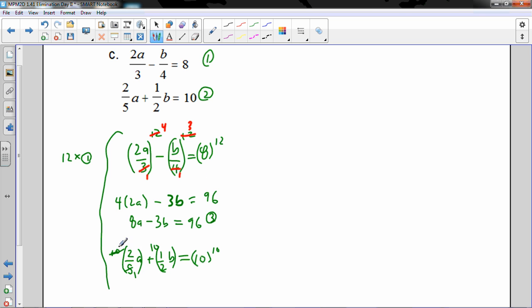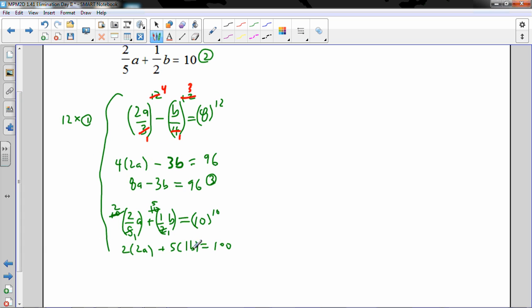Well, 5 goes into itself once and into 10 twice. After I do the dividing, I'm not multiplying by 10, but I'm actually multiplying by 2. And here, multiplying not by 10, but 2 goes into itself once and into 10 5 times. 5 times 1b. 10 times 10, nothing to divide there, is 100. And then simplify this, just one more step. And this is equation 4 now.